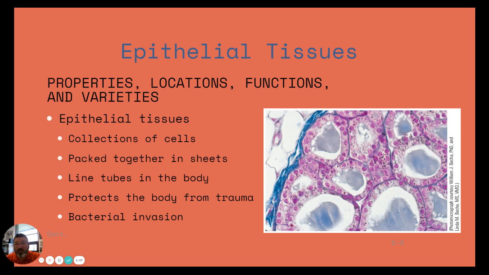If you think about arterial and venous tissue, epithelials actually line those canals within the body. It makes up hoof tissue, nail tissue, things of that nature. And one of its major functions is to protect the body from trauma and fight off bacterial invasion. Otherwise, it would be very easy for bacteria to penetrate the body.